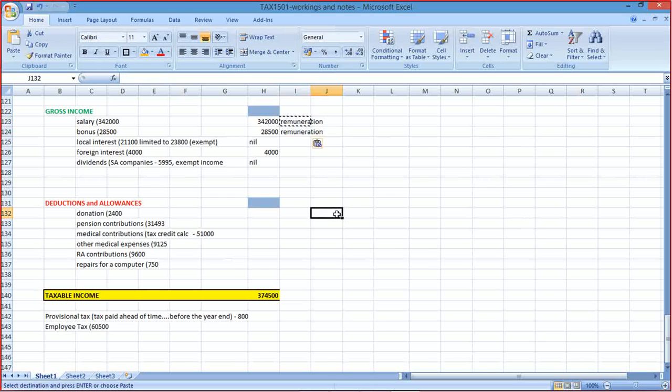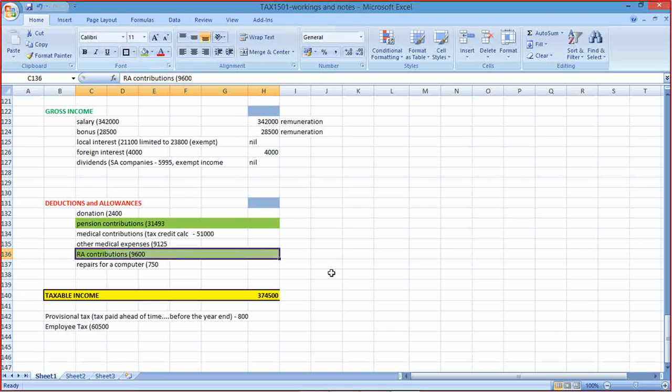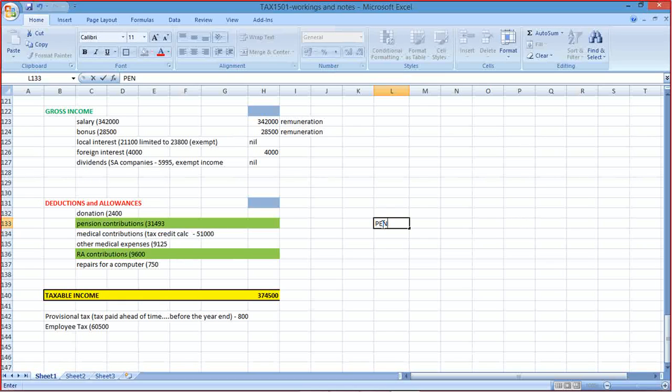Let's do the calculation here. There's my pension, there's my RA. So pension and RA calculation. Contributions equal 31493 plus 9600.